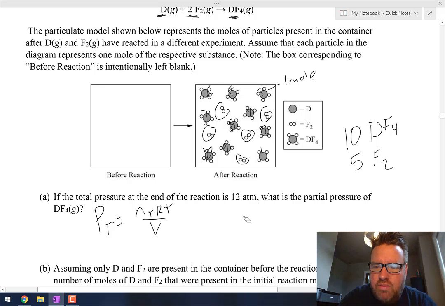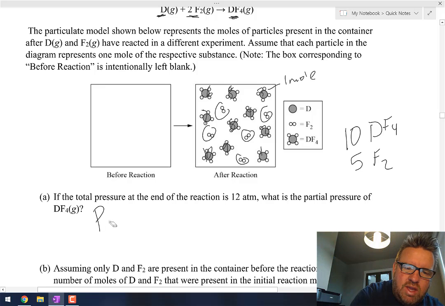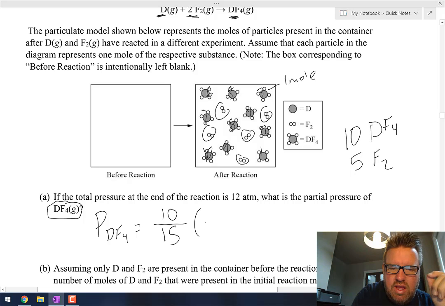So if the ratio is 10 DF4s for every 5 F2s, the total number of moles is therefore 15. Remember one way that we can calculate the partial pressure of a gas. To get the pressure of DF4, we take the moles they're asking us about, so 10 of those, over the total number of moles, which is 15. And then we multiply that by the total pressure.